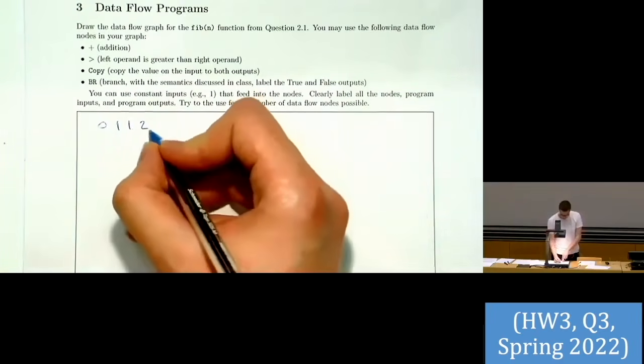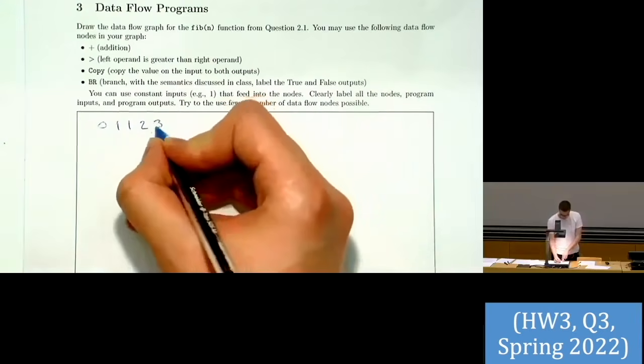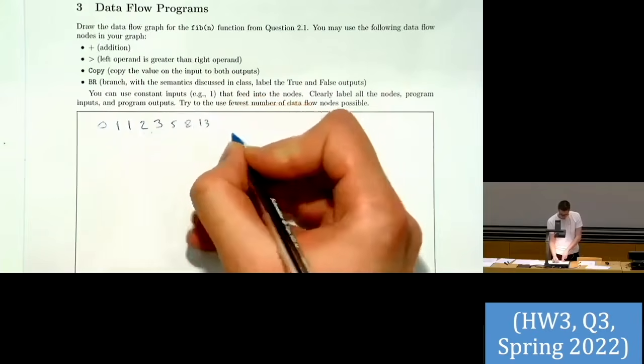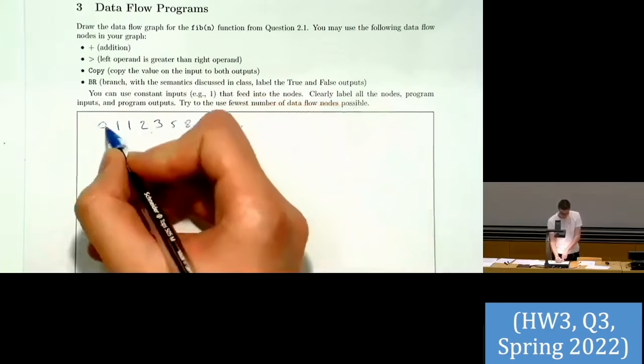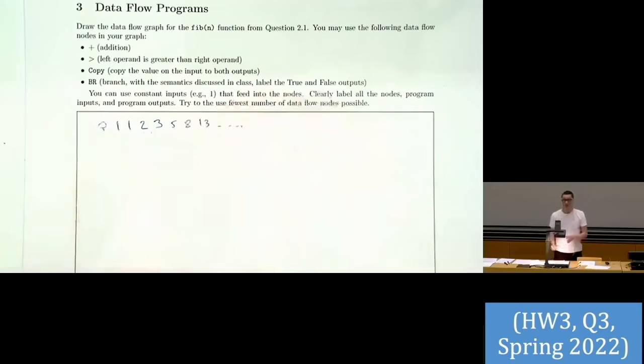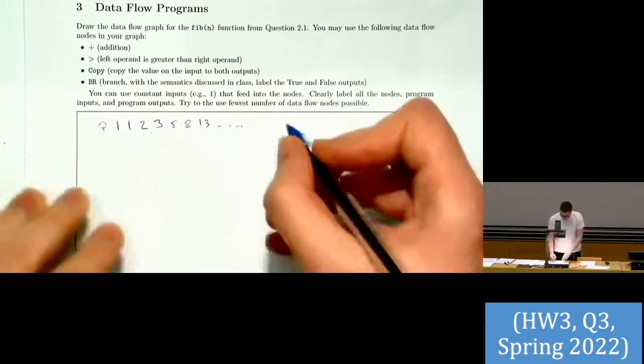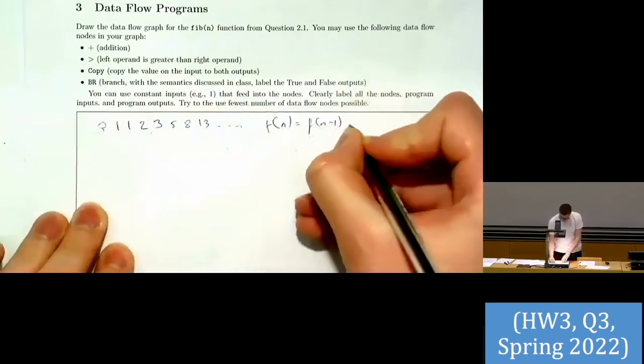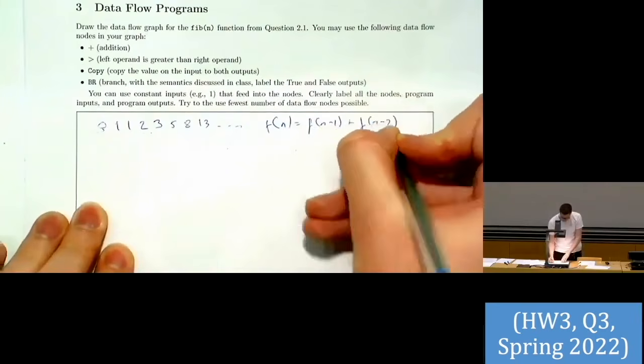So the next number is 1 plus 2, and the next number is 2 plus 3, and then 8, then 13, and it goes like this. F0 is 0, and F1 is 1. This is by definition. And the rest is Fn equals Fn minus 1 plus Fn minus 2.